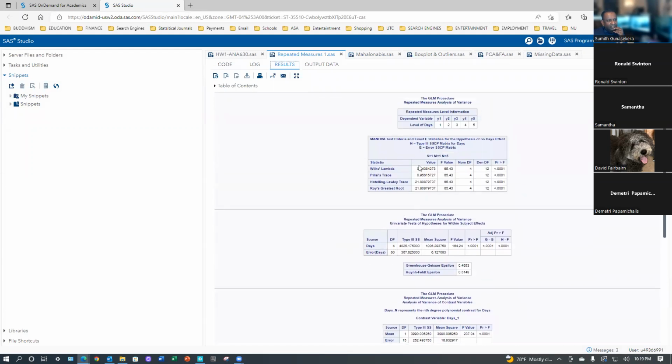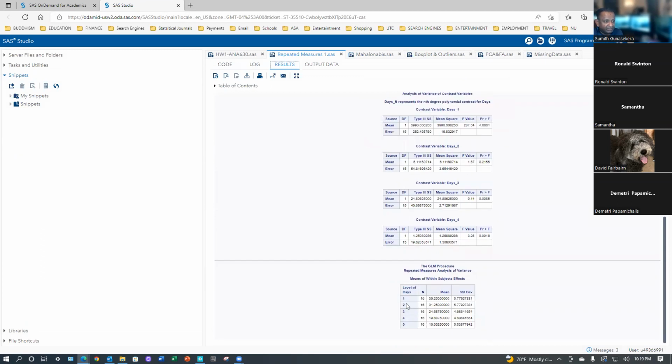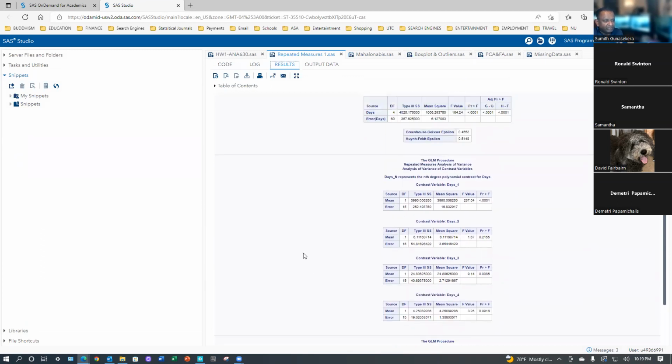Again, see multivariate repeated measures results. We should know how to explain that one. We're going to do that one in broad, very elaborately. So I'm just showing you for the time being. And we see contrast variable, days 1, day 2, 3, 4, and a polynomial contrast.